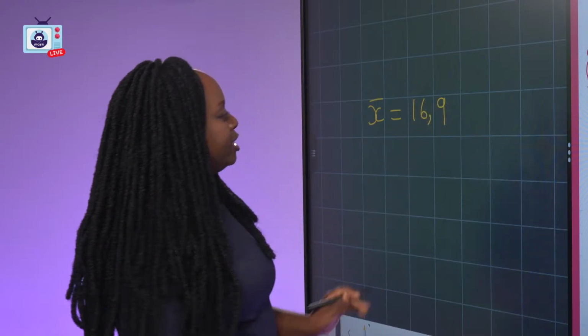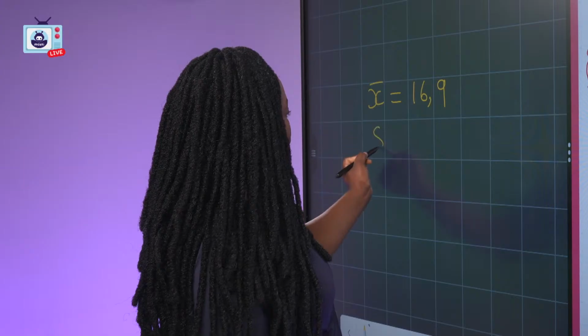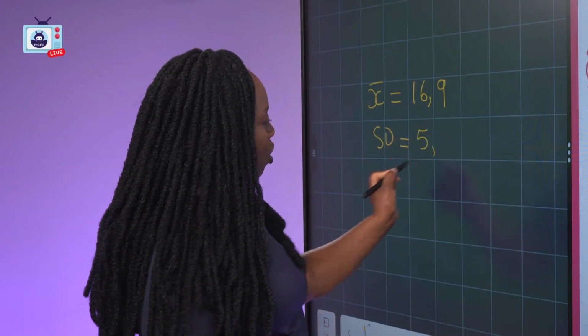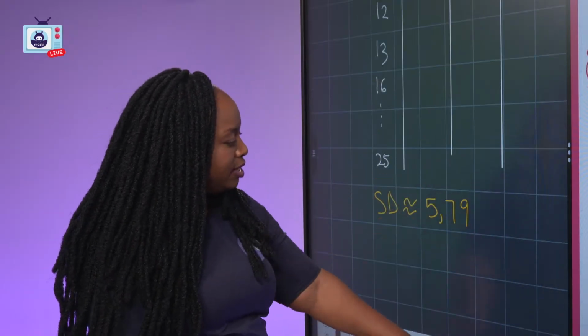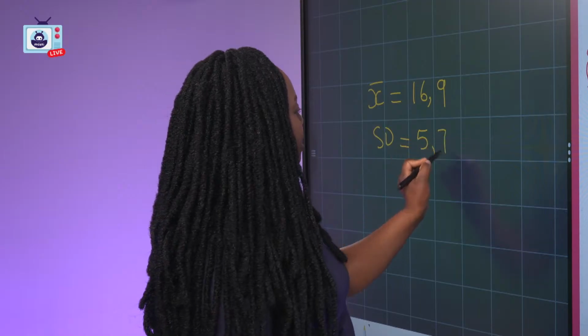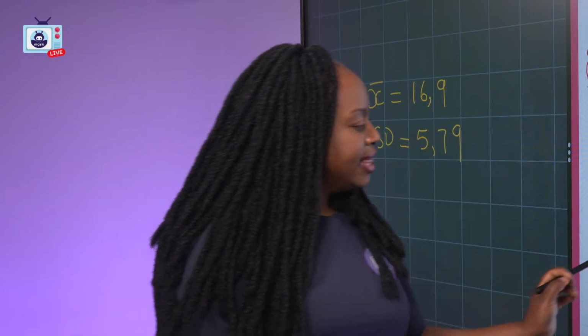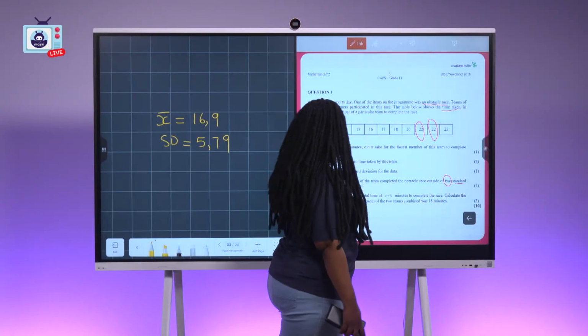And we said that our standard deviation is 5,79. Yes, we are right. In this question, the mean and the standard deviation are very important for us to work with.